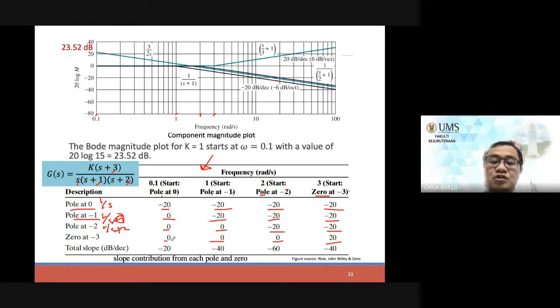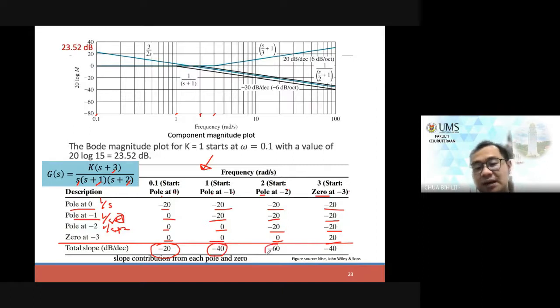So what you get, you just sum them up. You realize that the slope is minus 20, minus 40, minus 60, then minus 40. This is how each contributes towards the whole. Once you get this, you also calculate the starting point.